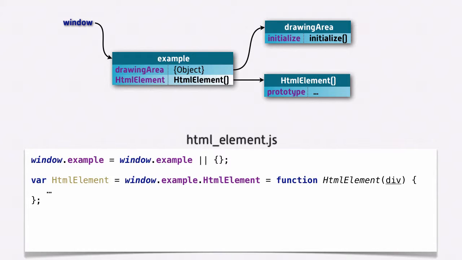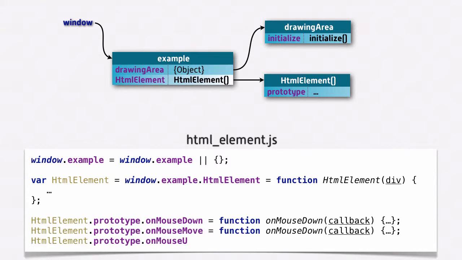We're going to assign the HTML element constructor to the HTMLElement property in our namespace. And that's because it's just a little more convenient. This way we can say new window.example.HTMLElement rather than saying new window.example.HTMLElement.something else, like .HTMLElement again. Now that we've got our class defined, we assign methods to that prototype as usual.